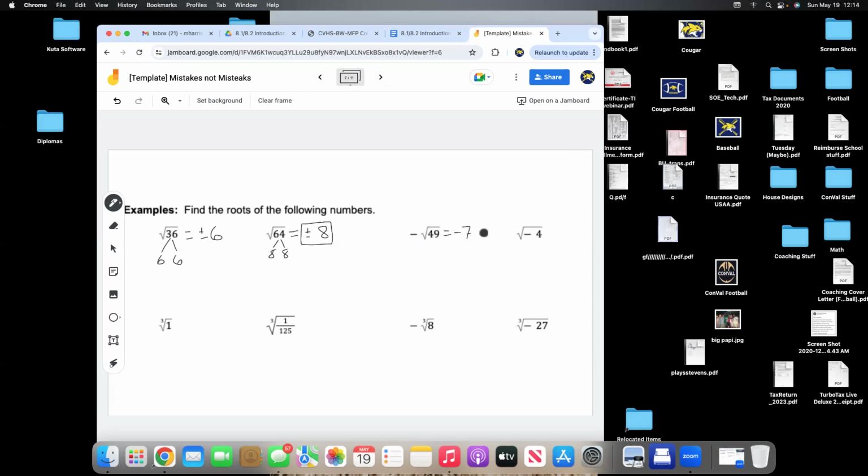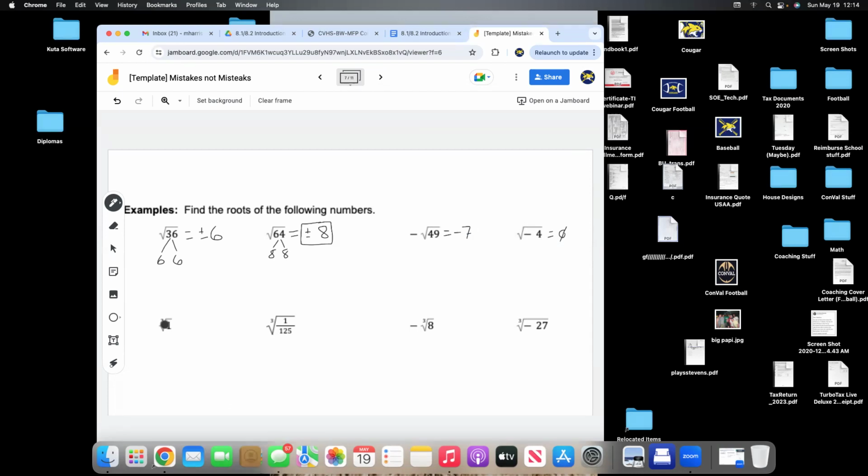I only want the -7. And next, if we have the square root of -4, this cannot be done right now. If you've taken Algebra 2, which most of you have not, you would know we have an i, an imaginary number. So right now, the square root of -4 just cannot be done because we cannot have a negative radicand in our math.